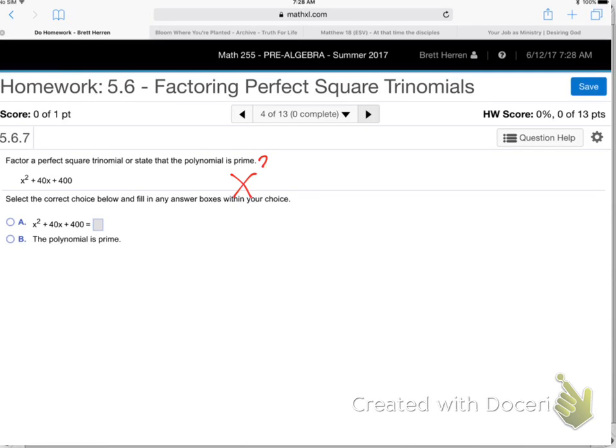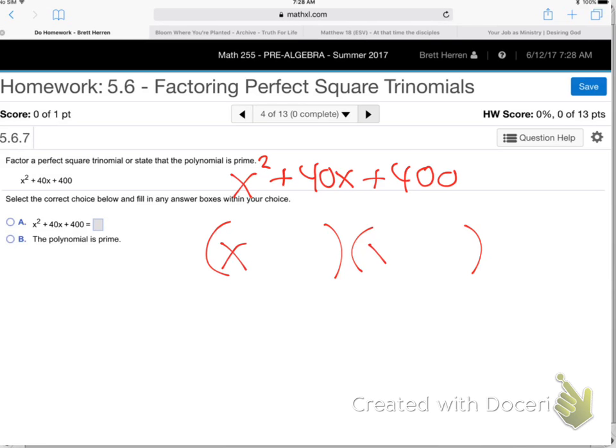So there we go. x squared plus 40x plus 400. So x is in the front.